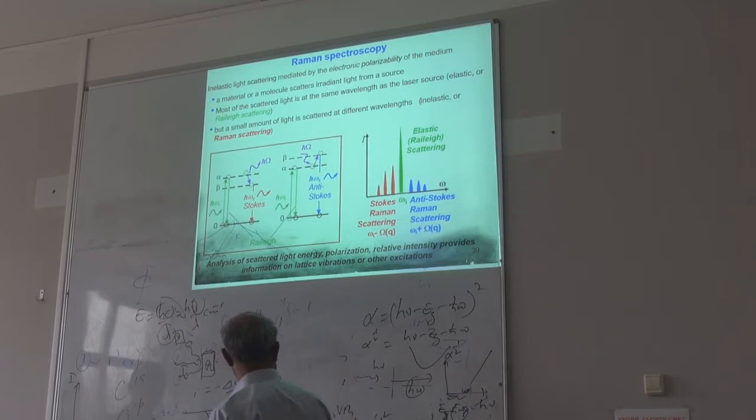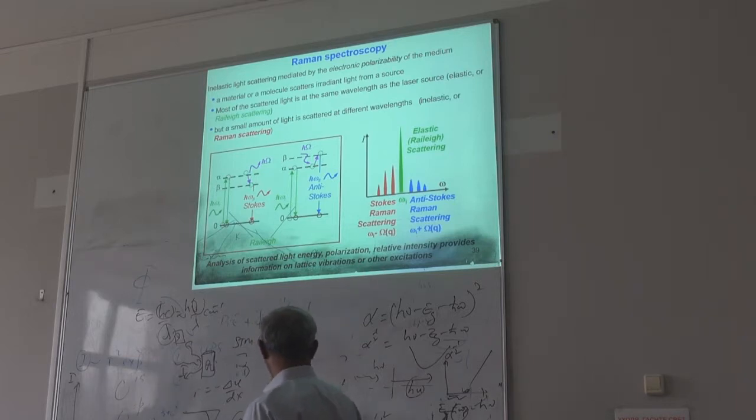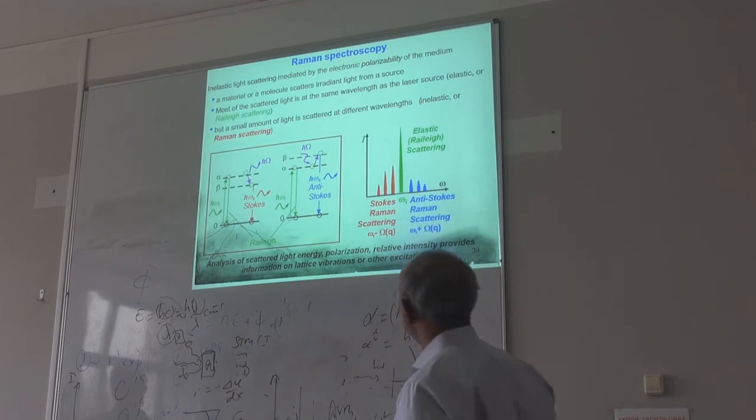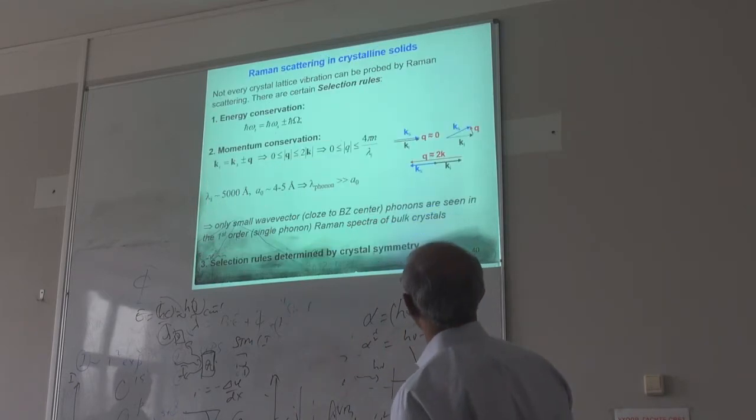So typically you are seeing some Raman features like that, Stokes, but the anti-Stokes one is very weak. So only people look at the Stokes one. But if you measure anti-Stokes, you can get the temperature and things like that. So, I will go through that one.